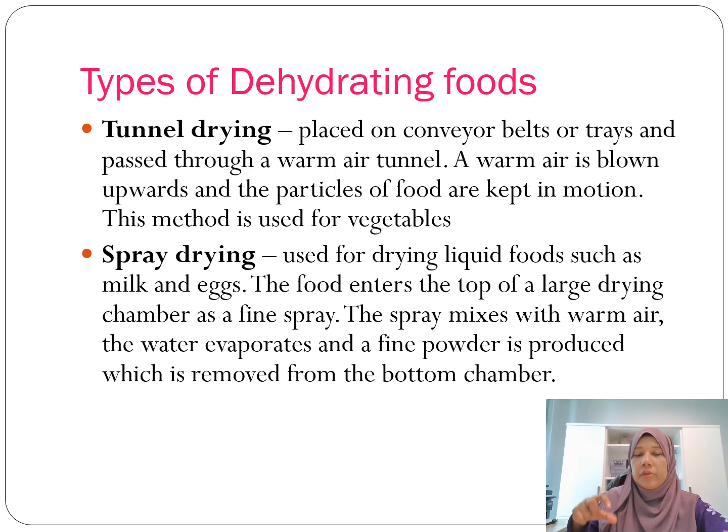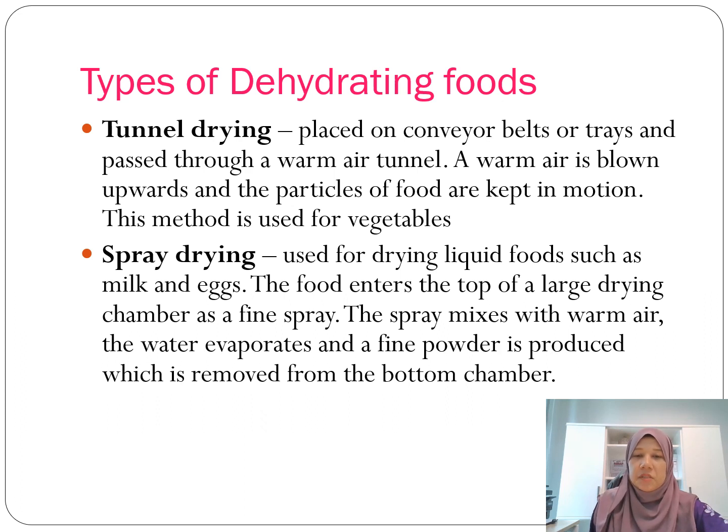They put the food on the conveyor belts or trays, and it will move around. Warm air is blown upwards, and the particles of food are kept in motion in the tunnel. Tunnel drying is normally used for vegetables.